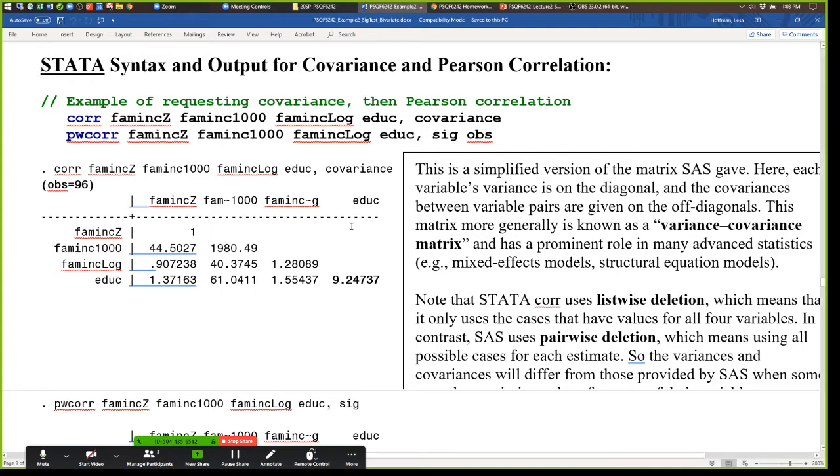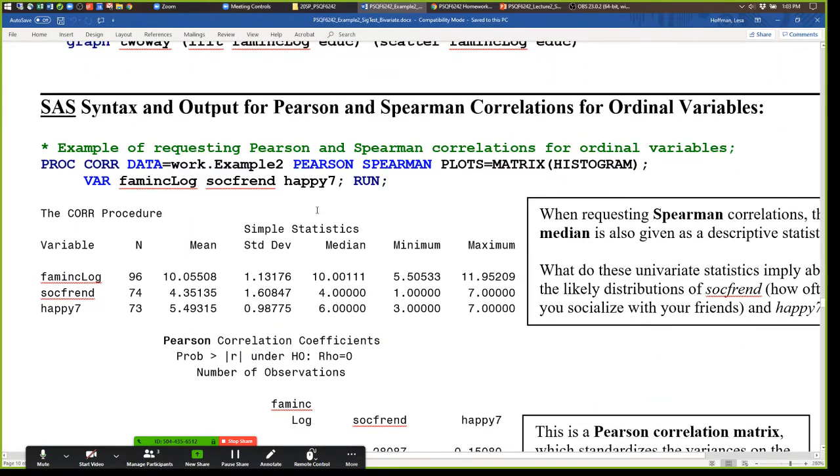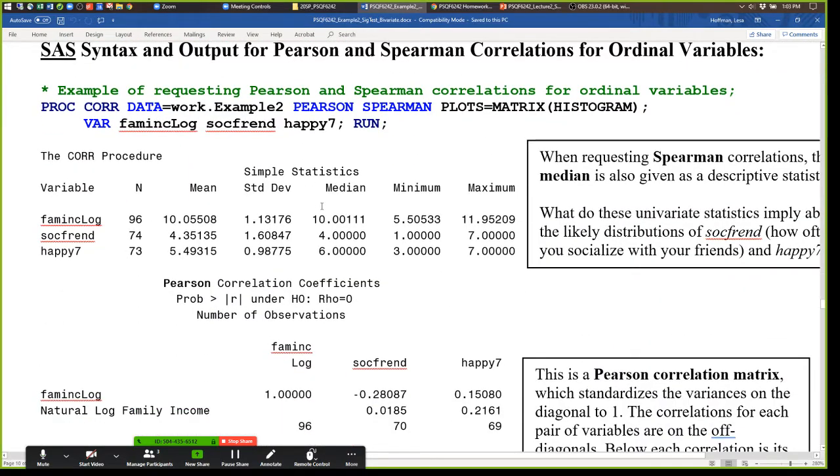Rank order. Spearman's correlation first converts the numbers, the two variables you're trying to correlate, into their rank order. So the highest one is number 1, second highest is 2, third highest is 3, etc. It then correlates those rank orders.